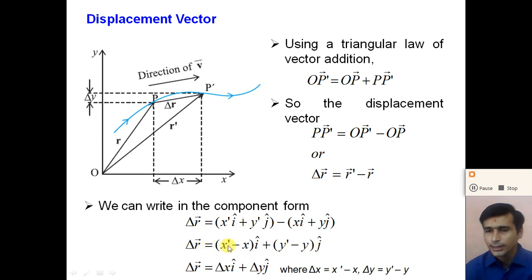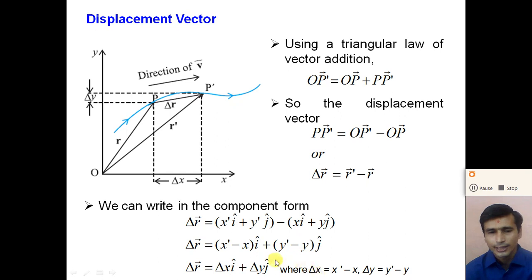So here, the displacement in the direction of x and the displacement in the direction of y. So displacement in the direction of x is represented by delta x i, plus displacement in the direction of y is represented by delta y j, right?